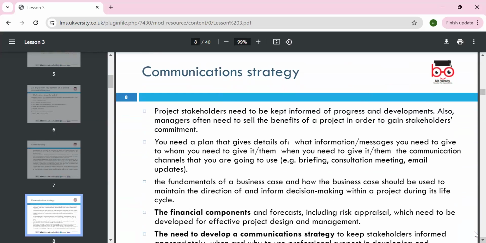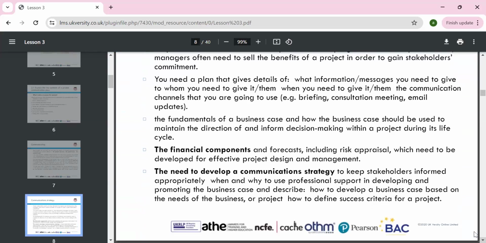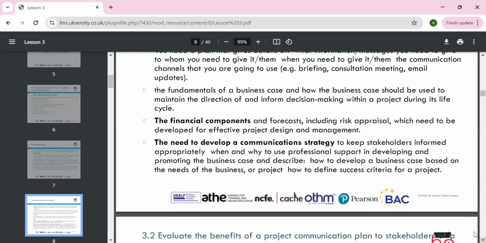You keep them informed, and you need to give them a communication channel if they want to share their ideas: consultation, meetings, email. The fundamentals of the business case: the business case shows why you're doing the project, maintains the direction, and informs decisions. It includes the financial component, which needs to be forecast, and a risk appraisal.